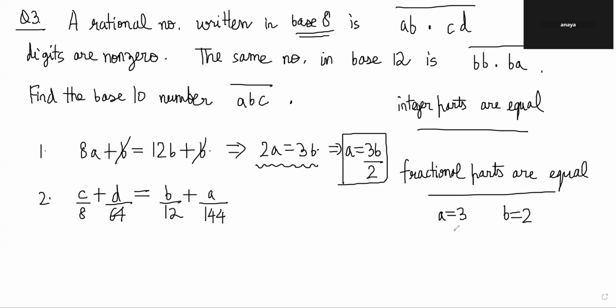That is one option. You can get A is 6, B is 4. You cannot get anything higher because A and B were written in base 8, so they have to be smaller than or equal to 7. So these are the only two options that satisfy this condition.